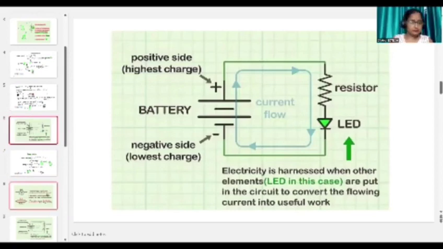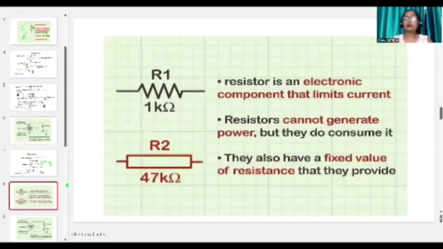Now here you see, we are going to study about the resistor. Okay. Now, what is a resistor? It is an electronic component that limits current.